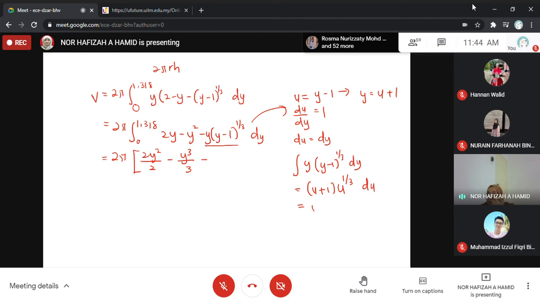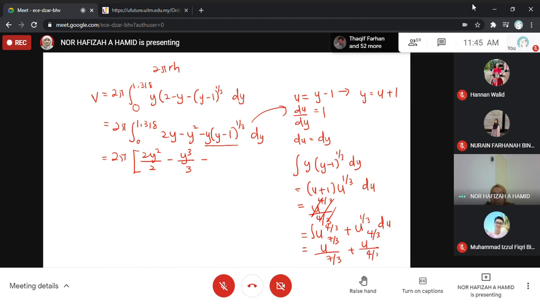So you expand. You will get u to the power 4 over 3 plus u to the power 1 over 3, du. Then you integrate. Integrating, you will get u to the power 7 over 3 over 7 over 3, plus u to the power 4 over 3 over 4 over 3.